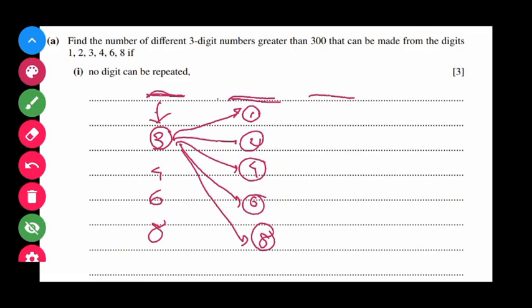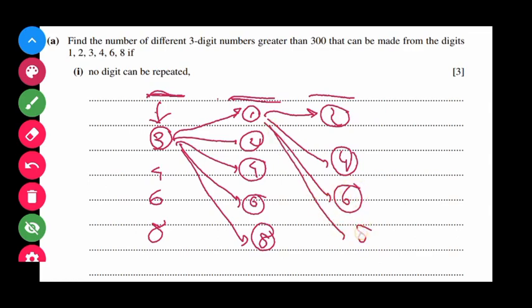Now if 1 is chosen, the third place may be any one of 2, 4, 6, or 8.